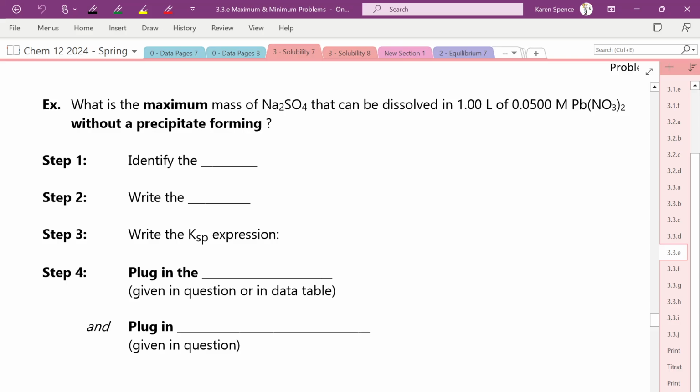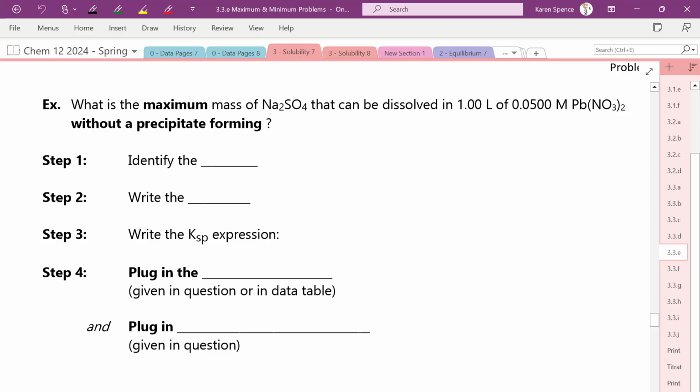You have control over the copper separately. So anytime you have two compounds, you're looking for who's the solid product. And the ion concentration will not be one to one.